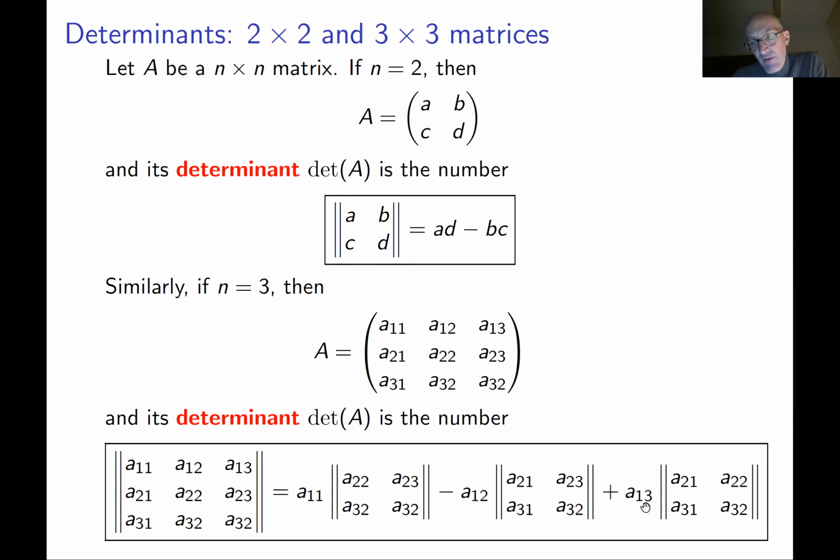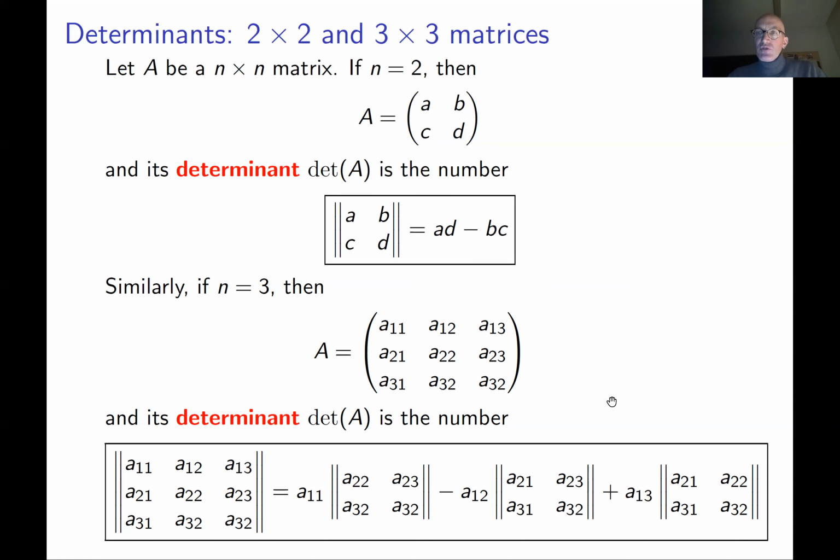And then the third term of the sum, you take the final entry of the first row, a13, and you multiply it by the determinant of the matrix obtained from A by removing the last column and the first row, with a sign plus. Again, you see we change sign every time in this sum. This goes with plus, this is with minus, this is with plus.